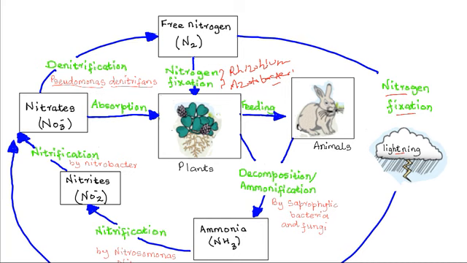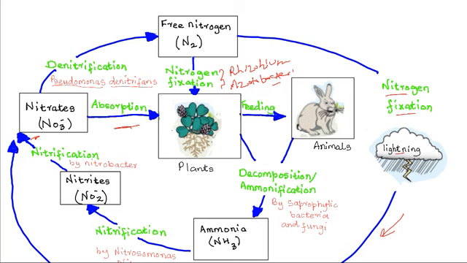The oxides dissolve in rainwater to form nitric and nitrous acids. In the soil, the acids combine with compounds such as carbonates to form the nitrates. So, through lightning, nitrates are formed, and these nitrates can then be absorbed by plants, which use them for a number of processes such as the synthesis of amino acids and proteins.